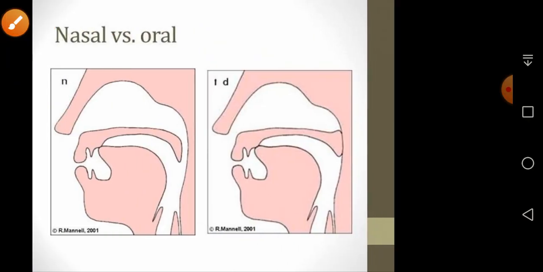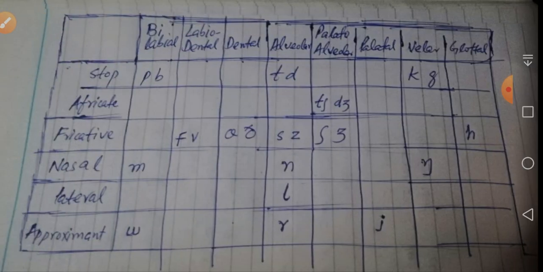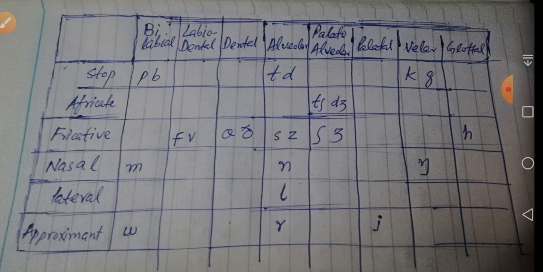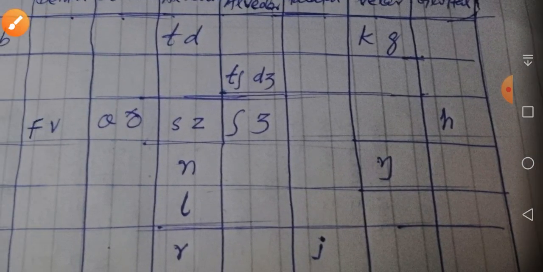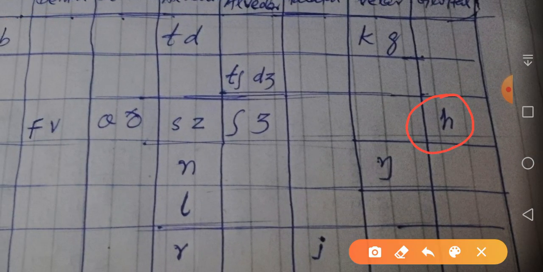Okay, the last sound in this fricative row is the sound known as glottal. The name of the letter is H, and we pronounce it H. It is voiceless.